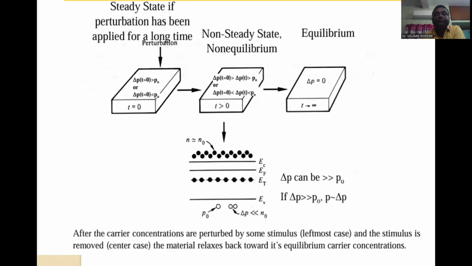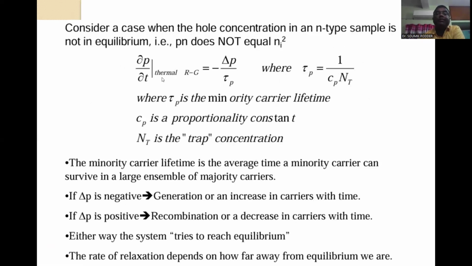So this is the pictorial presentation of the previous slide. When delta p is greater than p naught, that means excess holes are generated. This is called the steady state. If the excitation has been applied for a long time, it is a non-steady state and it is the equilibrium. So delta p under thermal generation equals minus delta p by tau p.